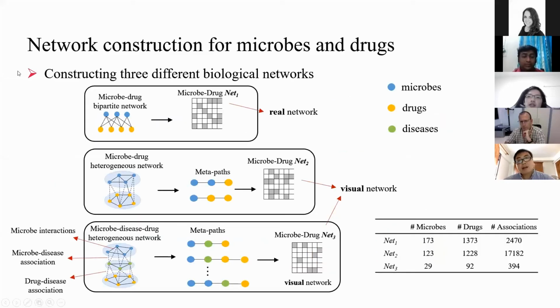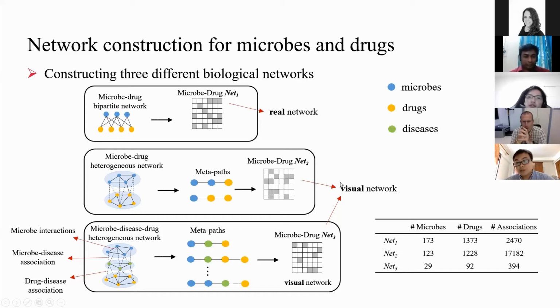To predict the microbe-drug association, we construct three different types of biology networks. They include a microbe-drug bipartite network, a microbe-drug heterogeneous network, and a microbe-disease-drug heterogeneous network. As the microbe-drug bipartite network is an actually existing association network, we can naturally use it to construct a real microbe-drug network named Net1.